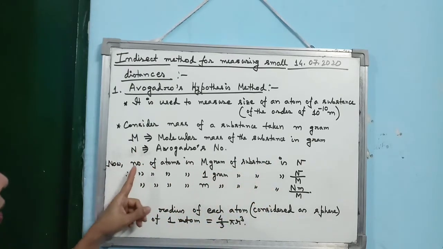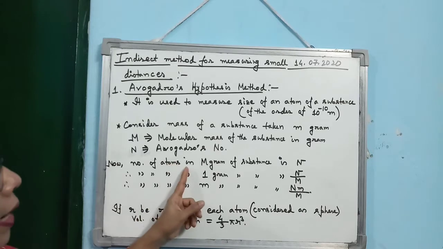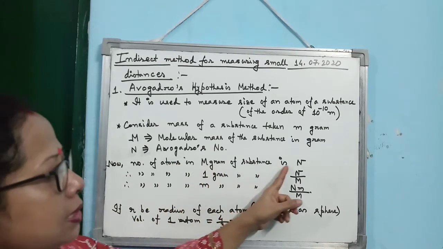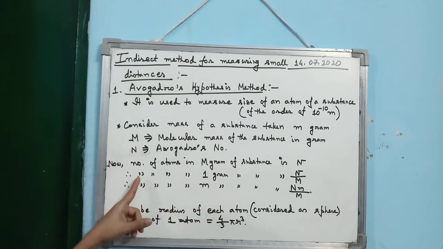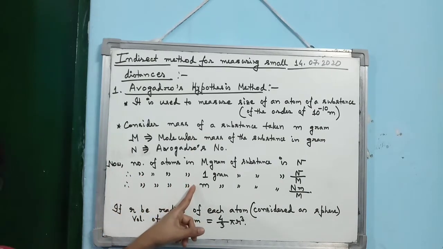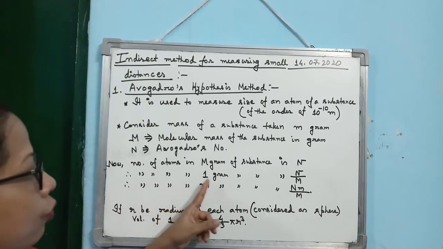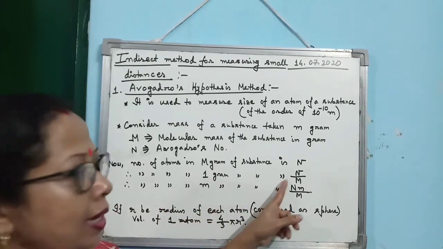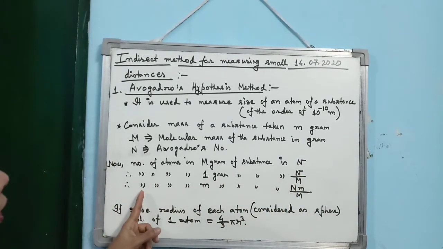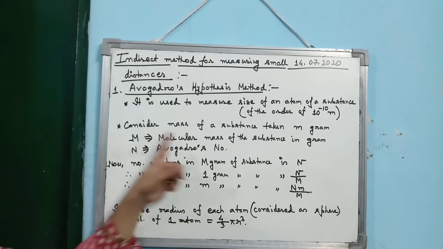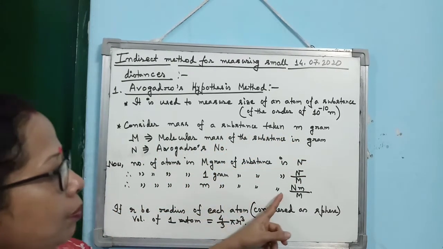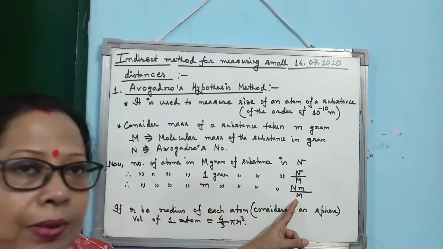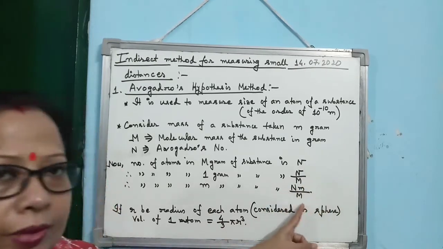So you can write: number of atoms in M gram of substance is N. According to the unitary method, number of atoms in 1 gram of substance will be N by M. So the number of atoms present in the mass that we have taken, small m gram, will be N into small m by big M. Just the unitary method we have done.